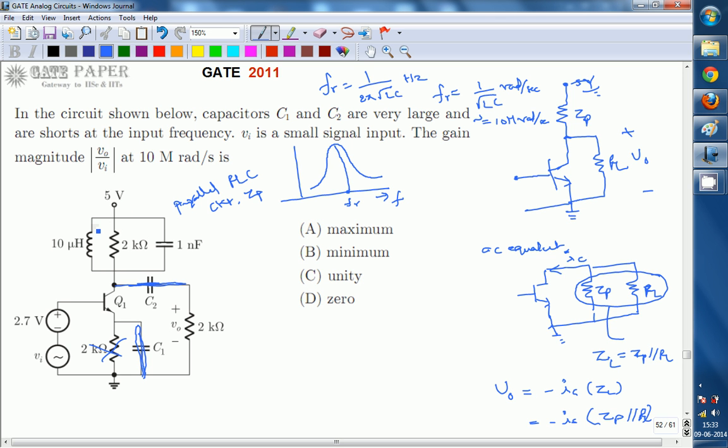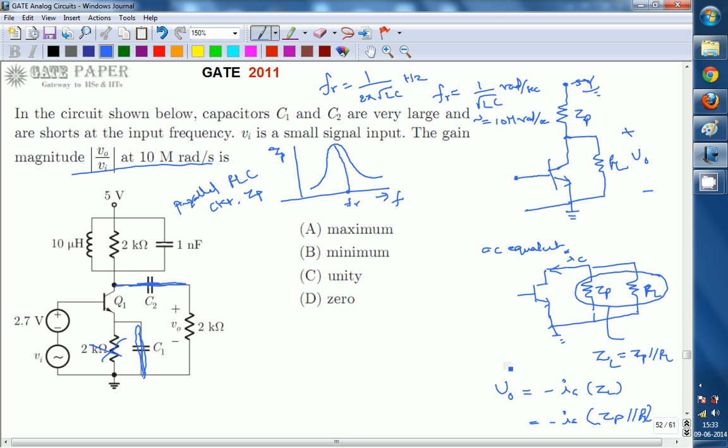And we are going to calculate the gain magnitude at this frequency. ZP, the parallel resonant circuit impedance, is maximum at the resonant frequency, and the resonant frequency calculated is 10 megaradians per second, and we are calculating the gain at the same frequency.